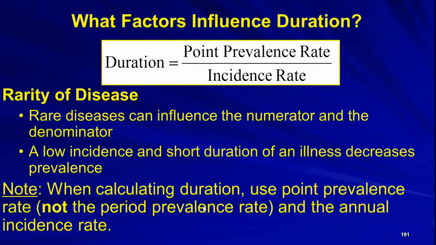When calculating duration, use point prevalence. You want a point prevalence rate, not the period prevalence rate, and the annual incidence rate. Now people say, well, I don't get this, because when you're talking about point prevalence, you're talking about a point in time. And when you're talking about incidence rate, you're talking about an annual period. And it doesn't seem logical to divide one by the other.